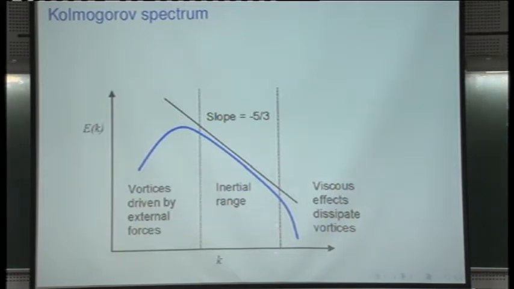Then we have a region of very small scales, so very large wave numbers, in which viscous effects dominate, and the energy rapidly decays up to zero. Here is where viscosity dominates.